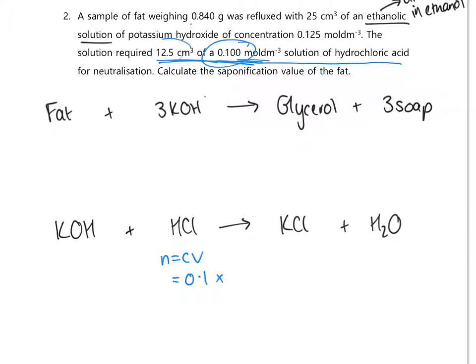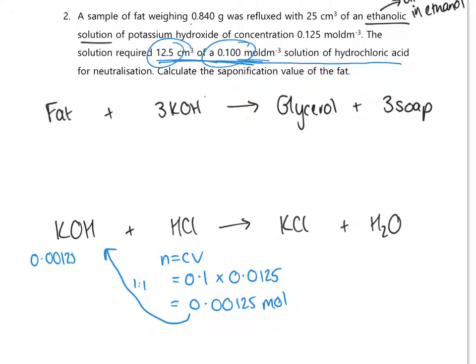The volume is 12.5 centimeters cubed, so that is 0.0125, and that gives me a number of moles, 0.00125 moles. To work out how many moles of potassium hydroxide I had in excess, I do my 1-to-1 ratio, which is 0.00125 moles.